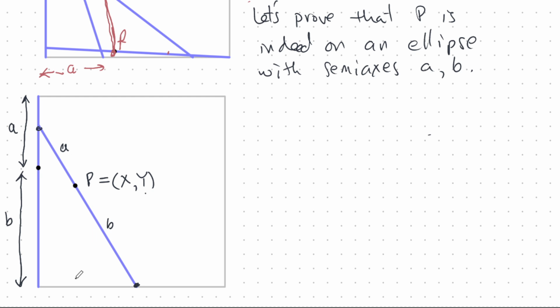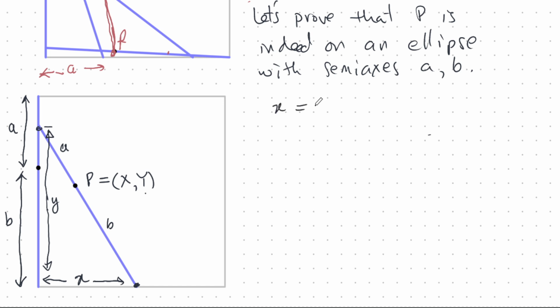Next, let's call this distance here little x, how much the slide is in the X direction. And of course, we want the same here. This is going to be the slide in the Y direction, so little y for this. And we can use Pythagoras' law now to make some relationships.